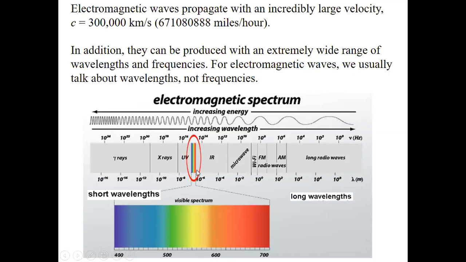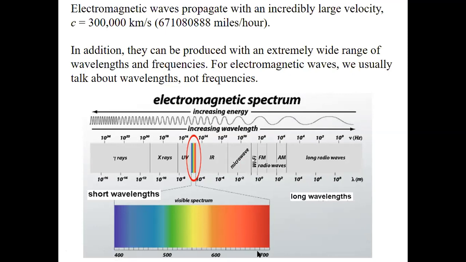Now, we are very interested in visible light because that is what we can see, right? In the visible light, the red light and the blue light lie at the ends of the spectrum. Red light wavelength is about 700 nanometers. Blue light wavelength is 400 nanometers.